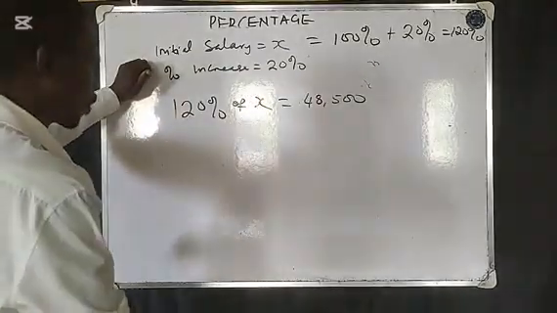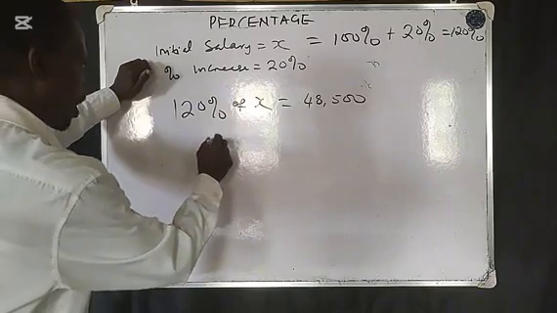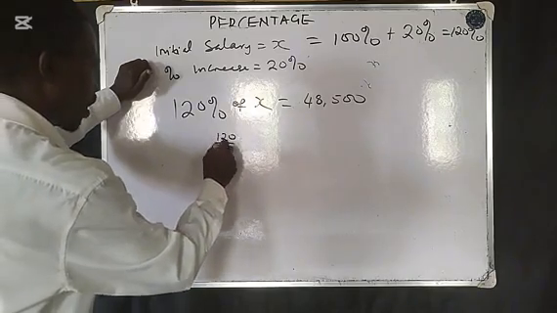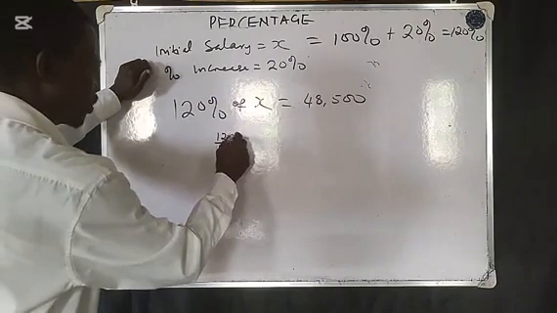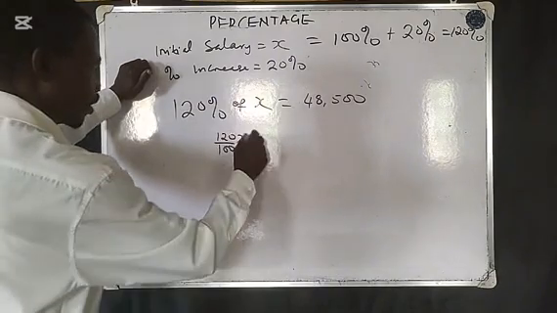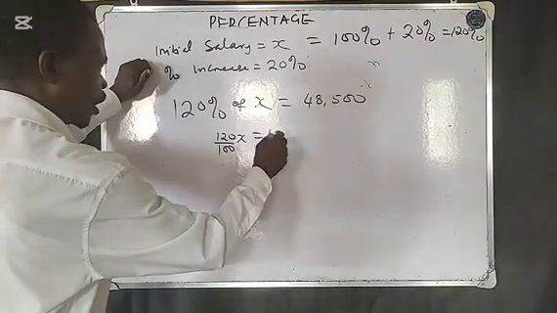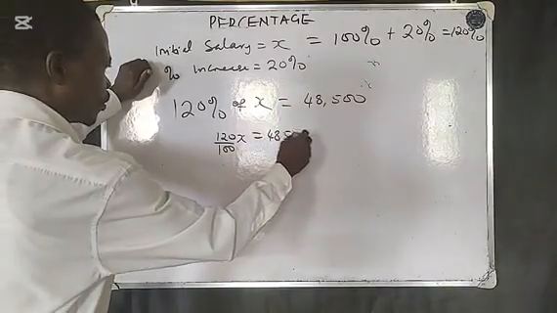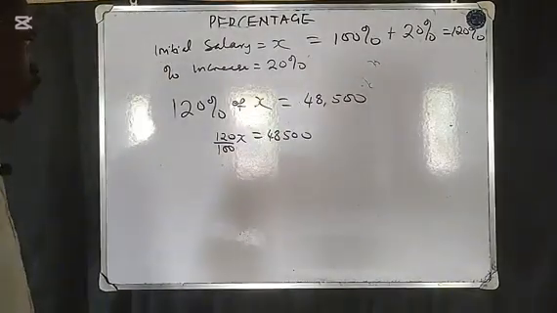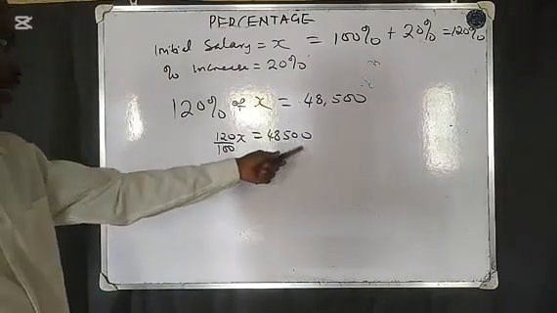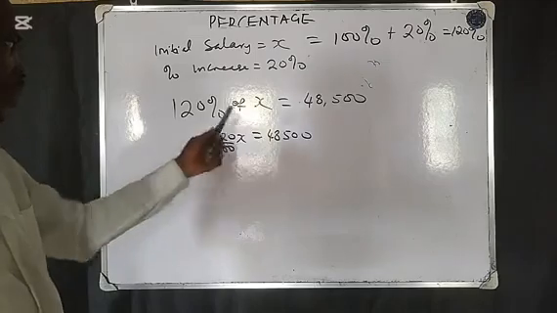Let's find the value of X first. So what do we do right now? We write 120 over 100 times X, then we have 48,500. So we can cross multiply, right? Cross multiply and divide by 120.